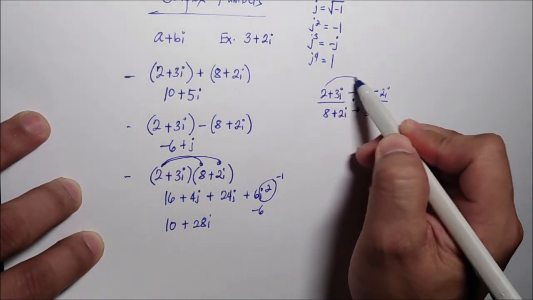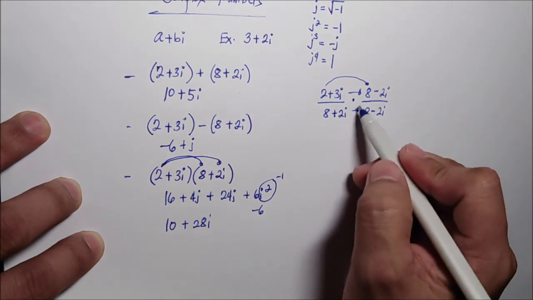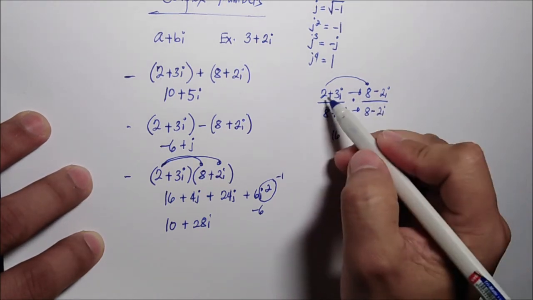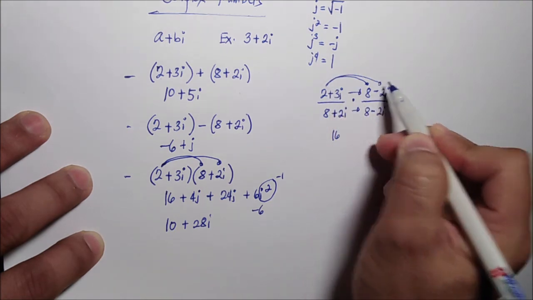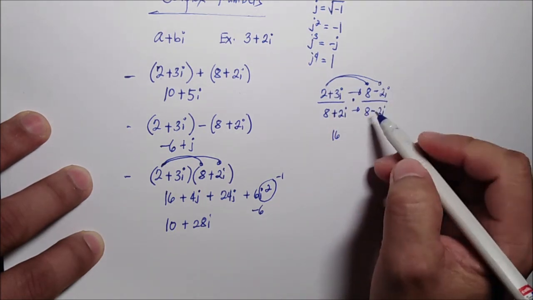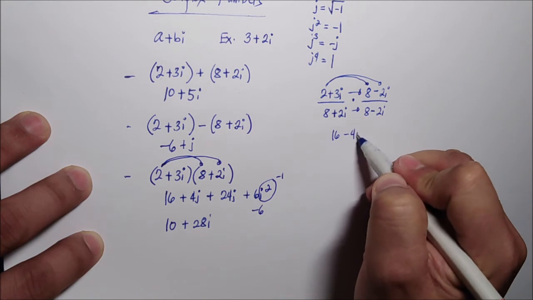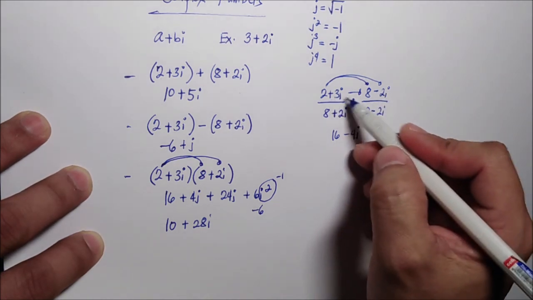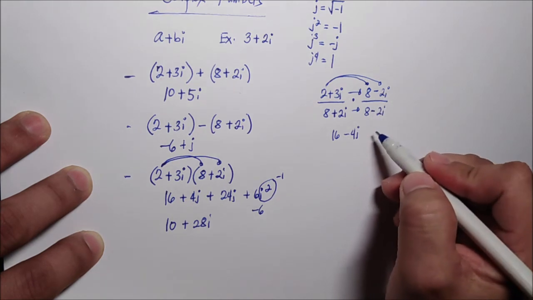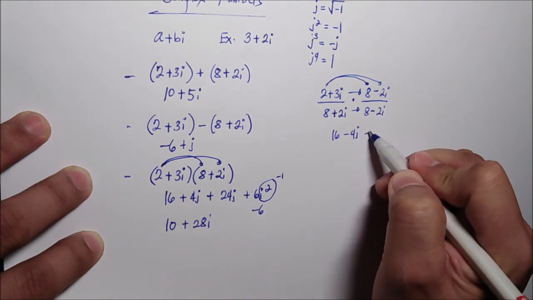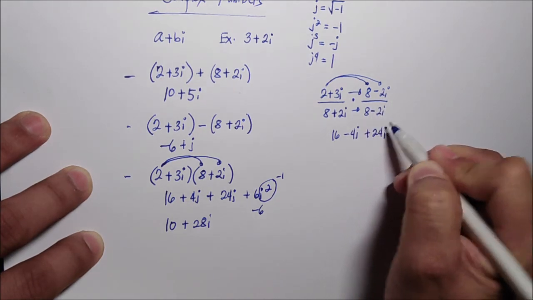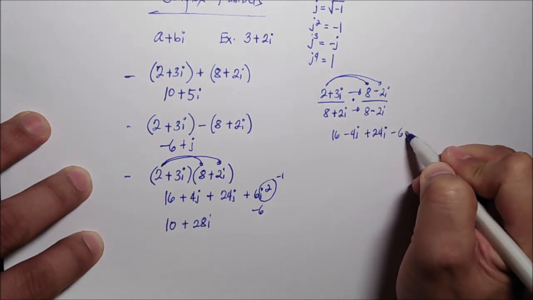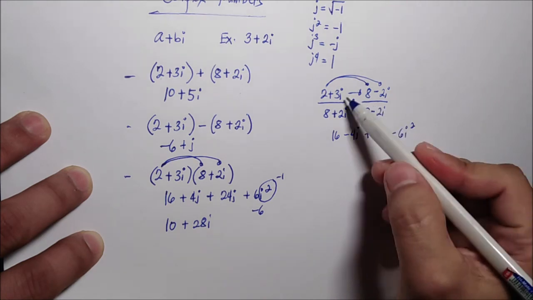Okay, let's start. 2 times 8 is 16. 2 times negative 2i is negative 4i. Next, 3i times 8 is 24i, and 3i times negative 2i is negative 6i squared.